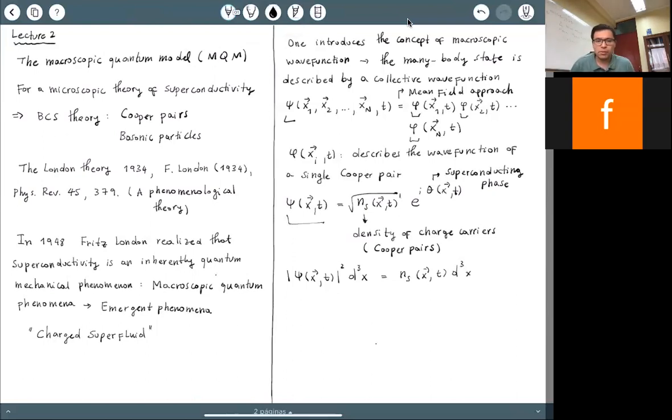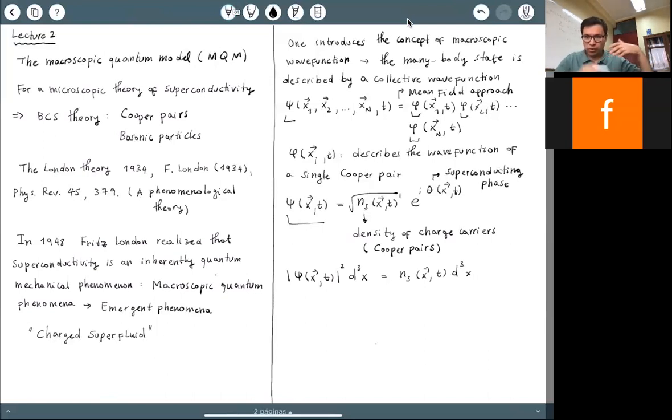So this macroscopic wave function appears purely from our physical intuition. And the physical intuition is, we have bosons, Cooper pairs, and because we have a condensate, all the Cooper pairs will occupy exactly the same ground state. So you have many particles in the ground state.